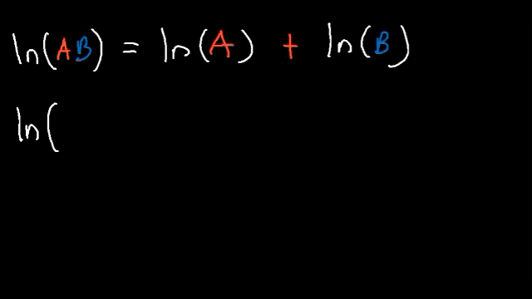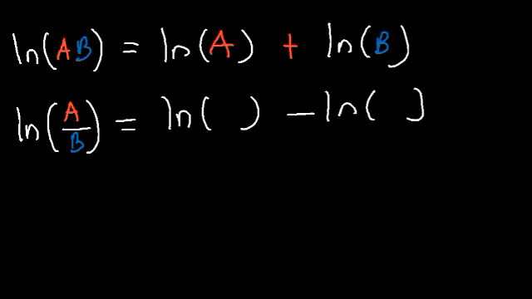Now ln of a divided by b is very similar, but instead of addition, it's going to be subtraction. So it's ln a minus ln b. So because a is on top, it has a positive sign. And because b is on the bottom, it has a negative sign.